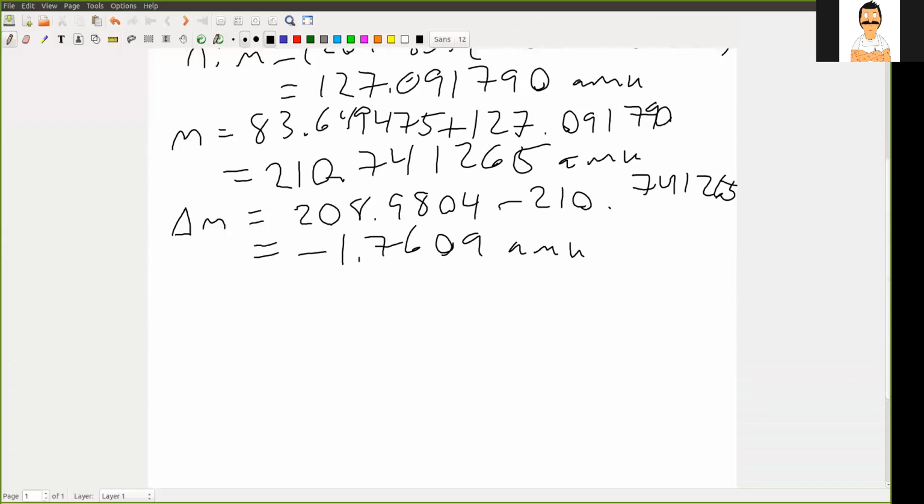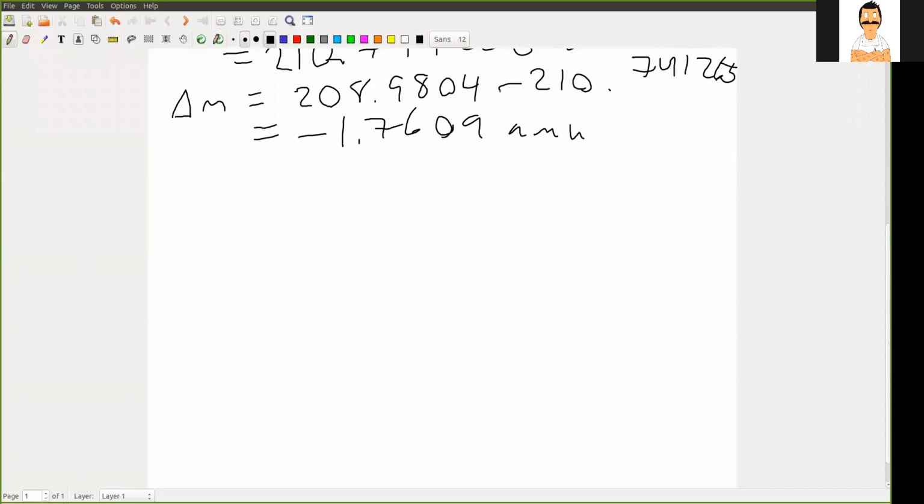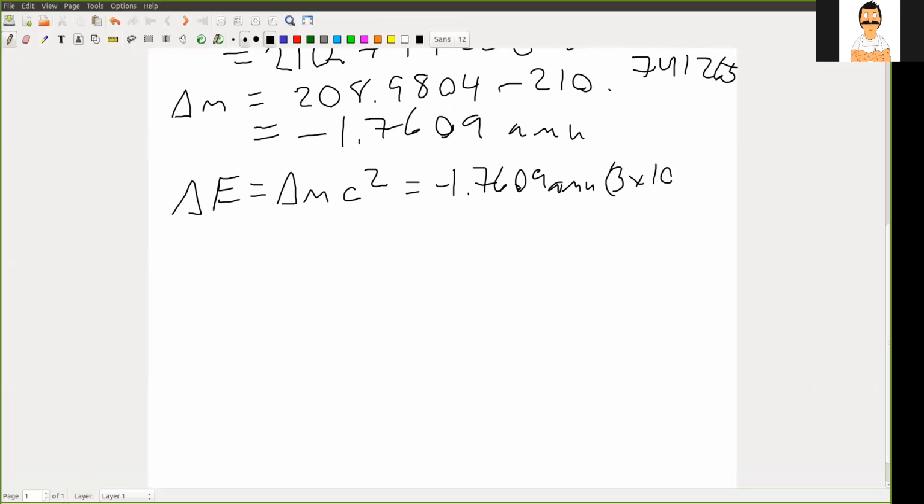So now we can use Einstein's classic equation, where delta E is equal to delta M C squared, which would be negative 1.7609 AMU times 3.00 times 10 to the 8th meters per second, squared.